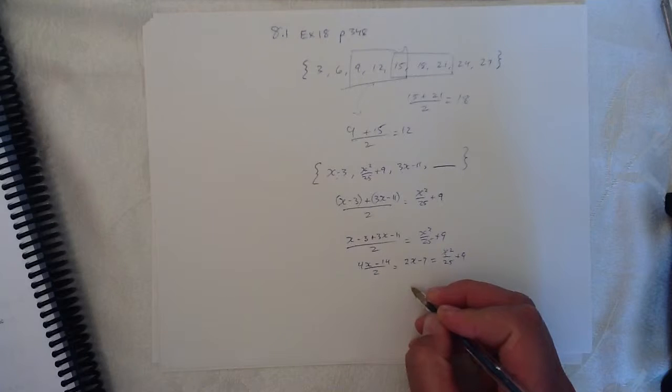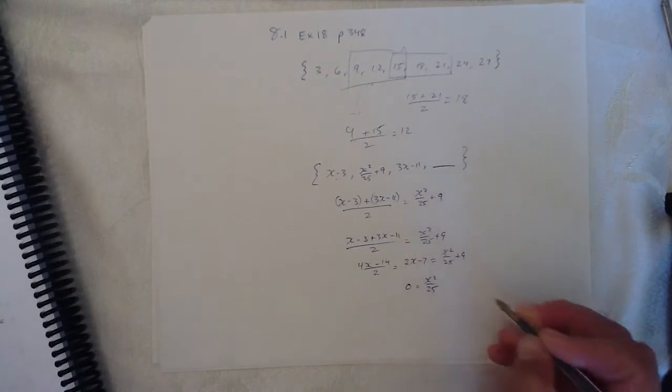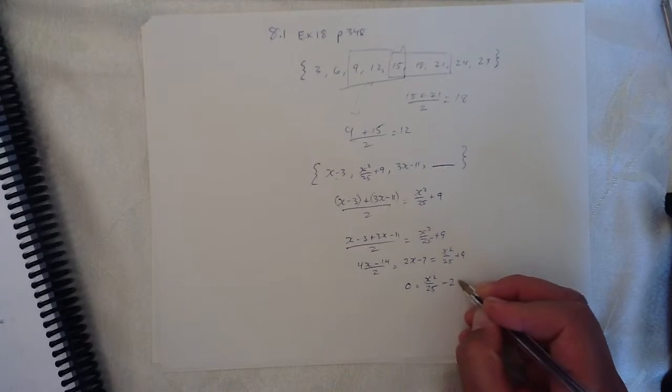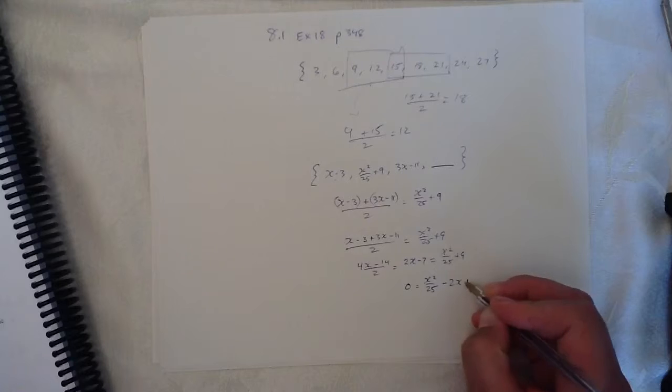So 0 equals x squared over 25, I'm collecting terms here, minus 2x plus 16.